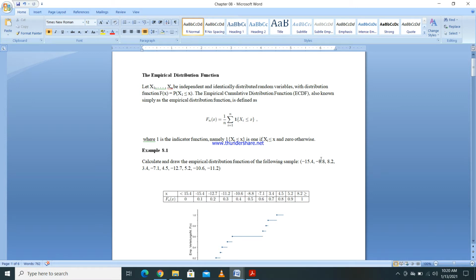There are 0 observations less than minus 15.4, so the empirical distribution function value Fn(x) is 0.